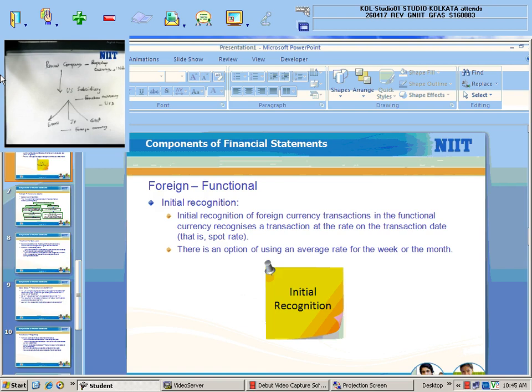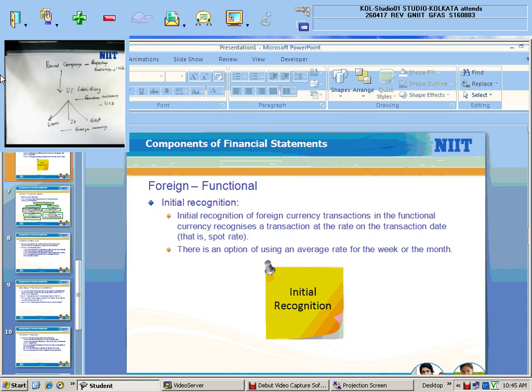So when this purchase is done, purchase is recognized in the books of accounts, the initial recognition of the foreign currency transaction has to be recognized in the functional currency. Instead of US dollar, it will be recognized in Indian rupee. And applying the rate which is applicable on the transaction date.